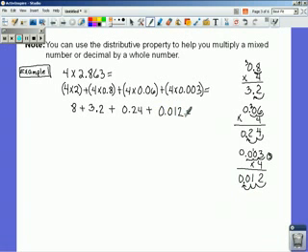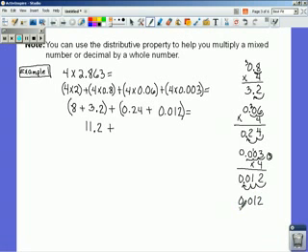Now, what we can do is combine the first two numbers and then the second two numbers together. We know that 8 plus 3.2 is going to equal 11 and 2 tenths. And over here we've got 0.24 plus 0.012, and we can add that in our scratch area. So we'll go again to our scratch area and write down 0.012.